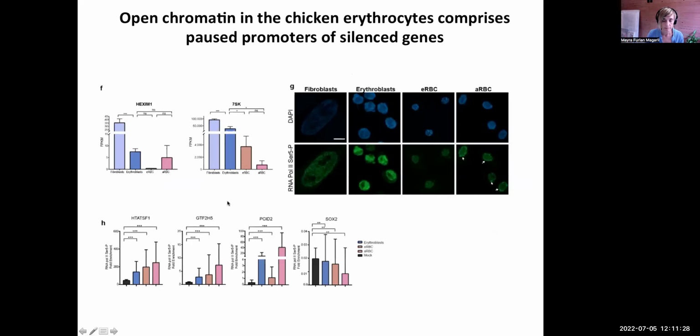So having seen this, we wondered if the gene promoters in the red blood cells are occupied by the RNA polymerase.